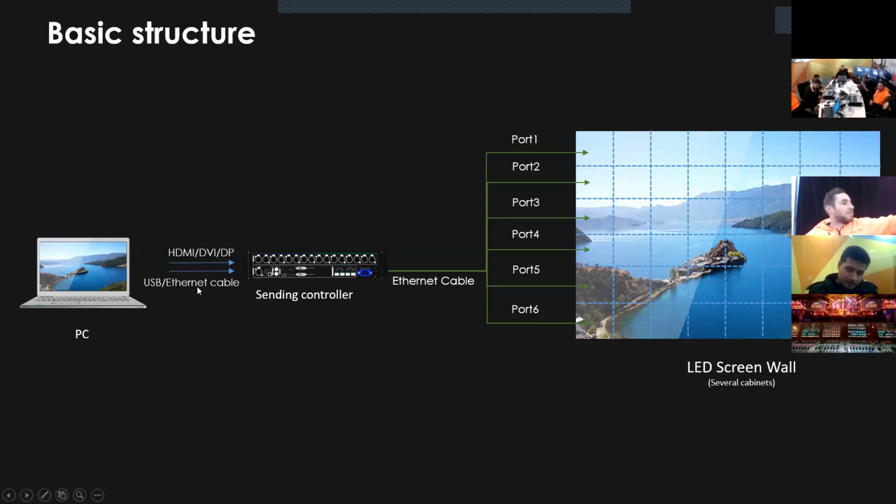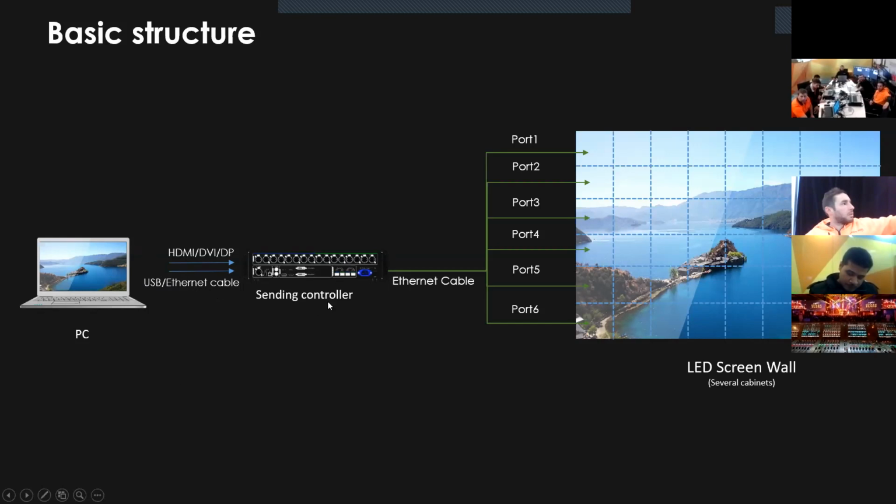Let's say the structure is the PC, video cables, control cables, and also the sending controller. The sending controller is the head of the system. We cannot do anything without the sending card, I mean the sending controller here.